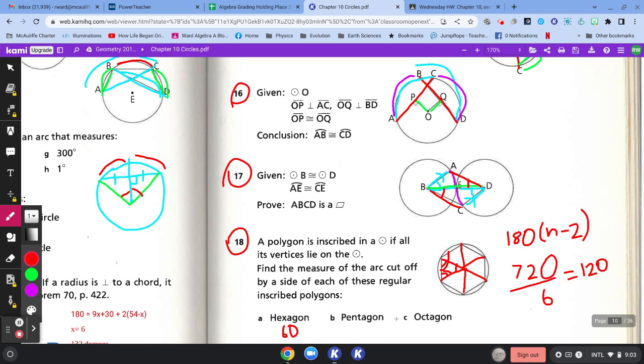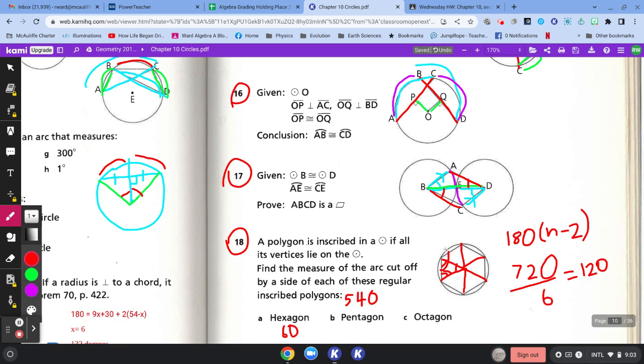For the pentagon, instead of 6 minus 2, it's going to be 5 minus 2. It's 180 times 3, which is 540 degrees. Then we divide that by 5, and each of the interior angles would be 108.